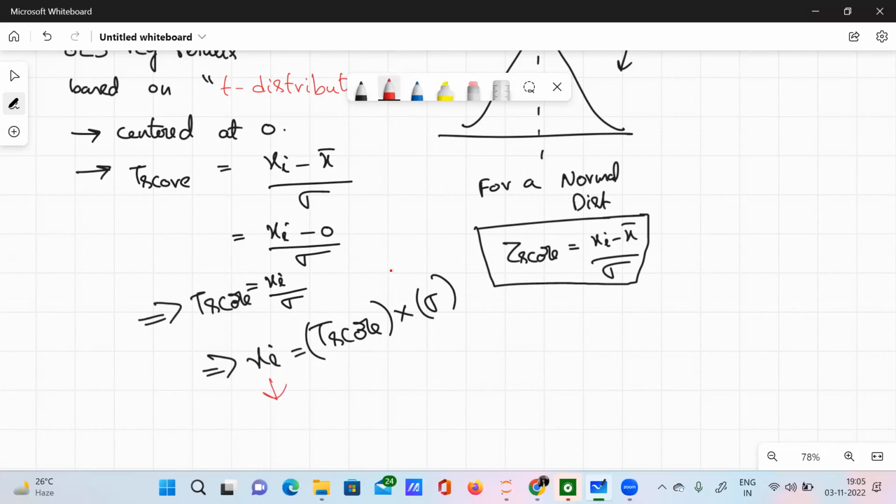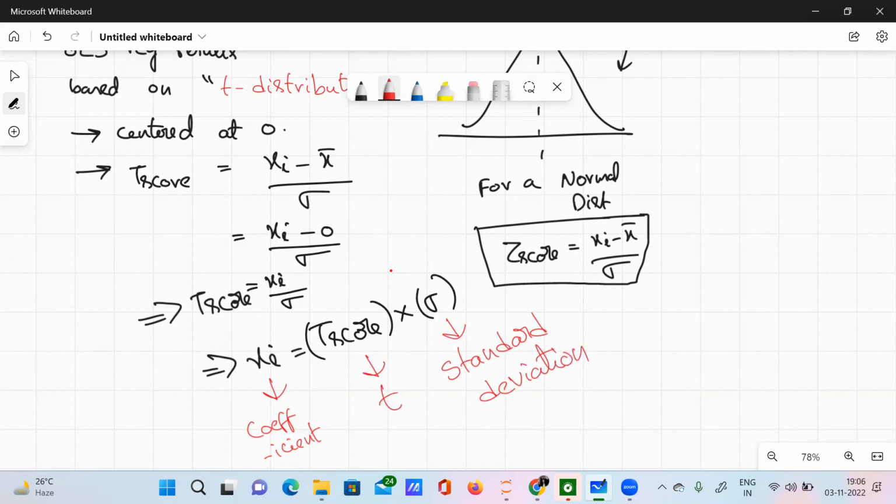So what is this xi here? This xi is nothing but the coefficient. Xi is the coefficient, the t score is nothing but the t, and this sigma is nothing but the standard deviation.